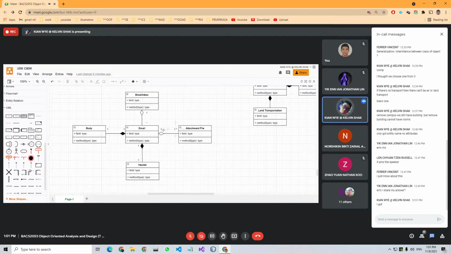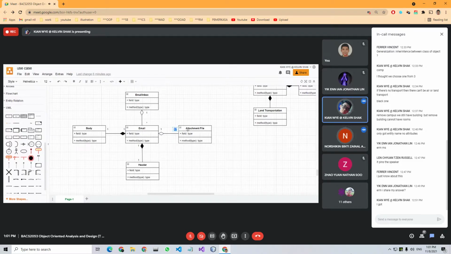So this relation, the multiplicity, should it be 1 to 0 or 1 or many, since it's optional? So it can have zero attachment files also. Zero to many.